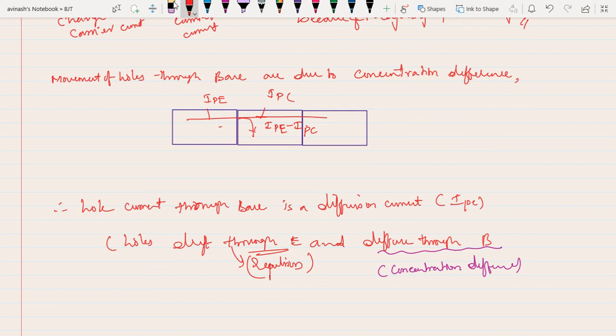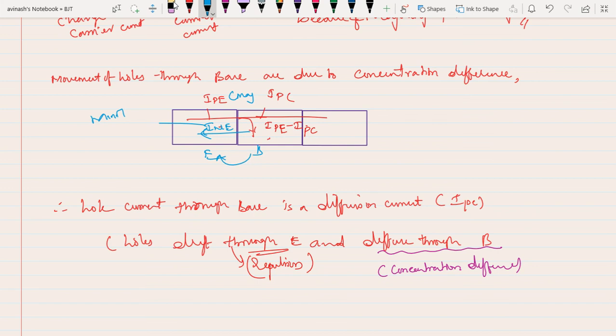Okay. What is this current? This other current is nothing but the INE. IPE is the majority, which means the minority will be INE. This INE is always from base to emitter.